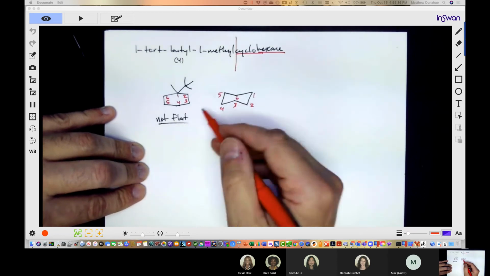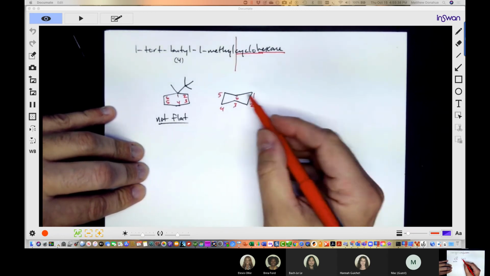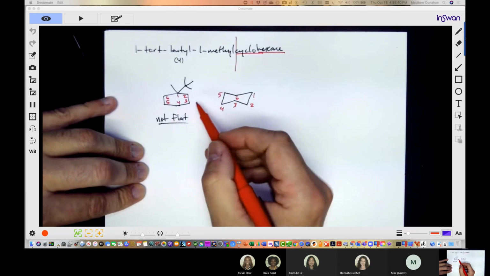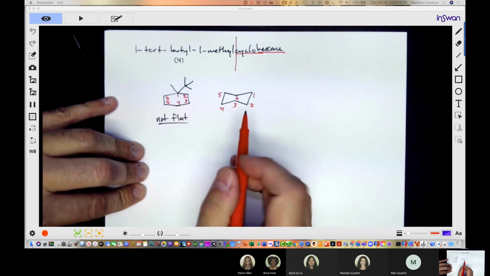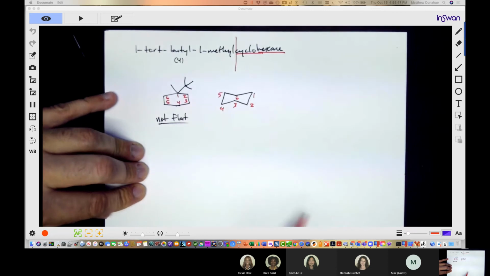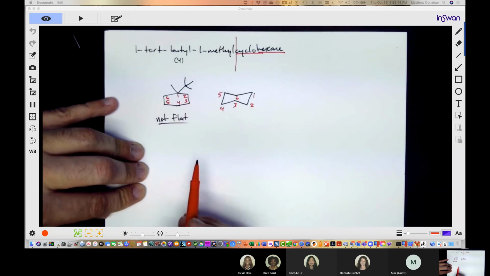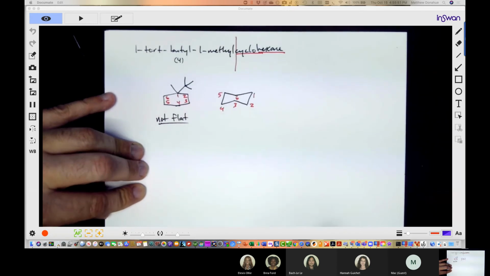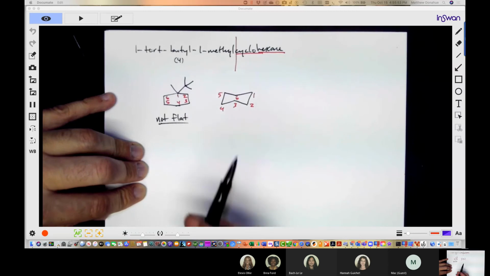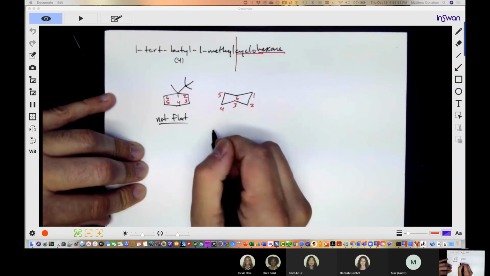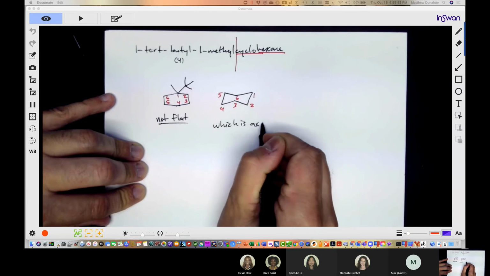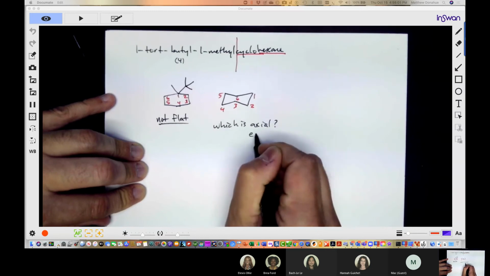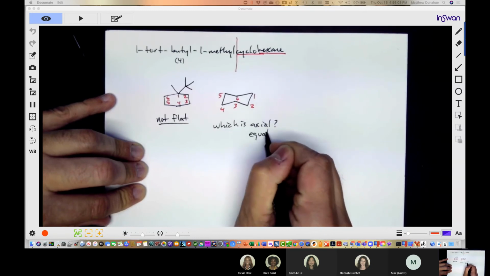It's fine, I'll show you. We can start numbering it any way, really. If I was transforming this exactly, I would put the 1 right there, but it doesn't really matter. So when you put these substituents in, what this question is asking you for is which substituent is axial, which is equatorial.